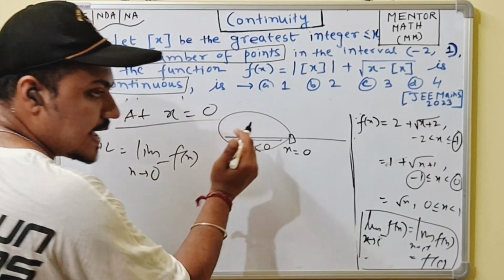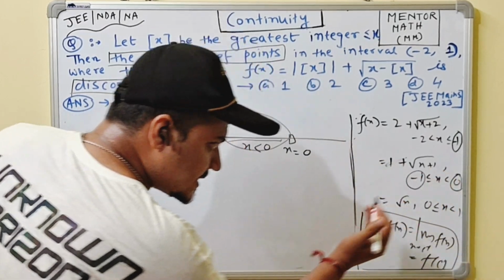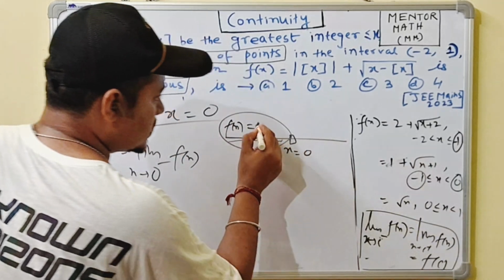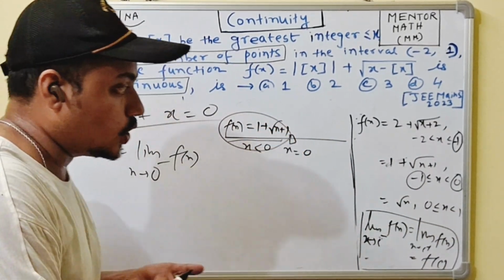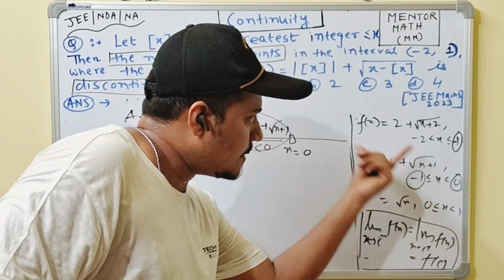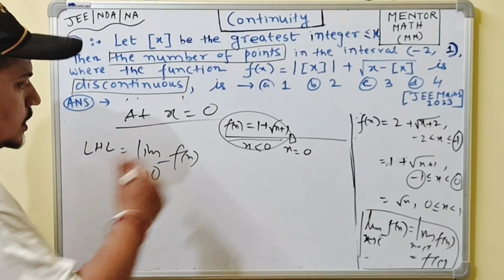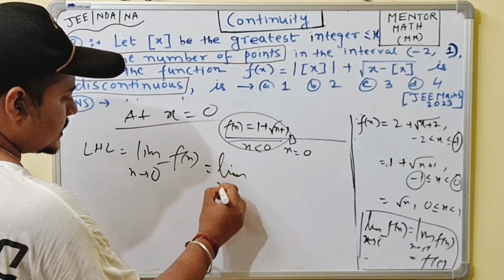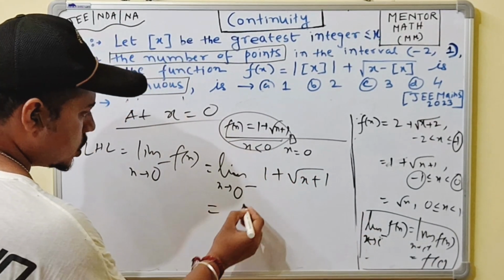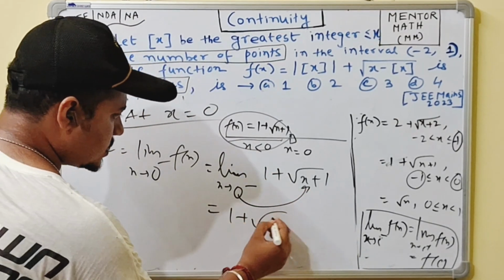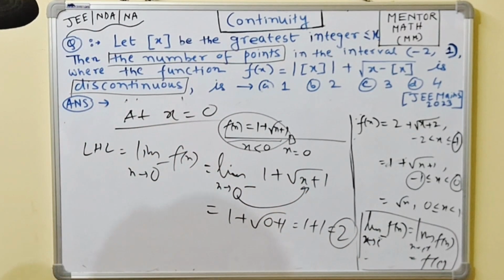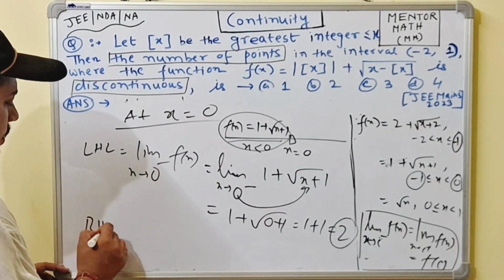Whenever x is less than 0, f(x) is 1 plus root under x plus 1. So limit x tends to 0 minus f(x) is 1 plus root under x plus 1. Putting in 0: 1 plus root 0 plus 1, that means 1 plus 1, which gives you the value 2.